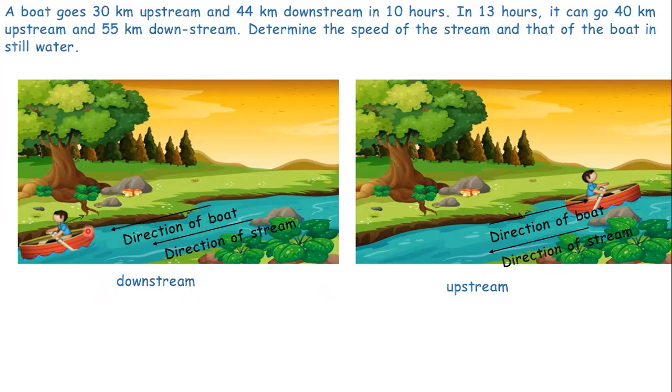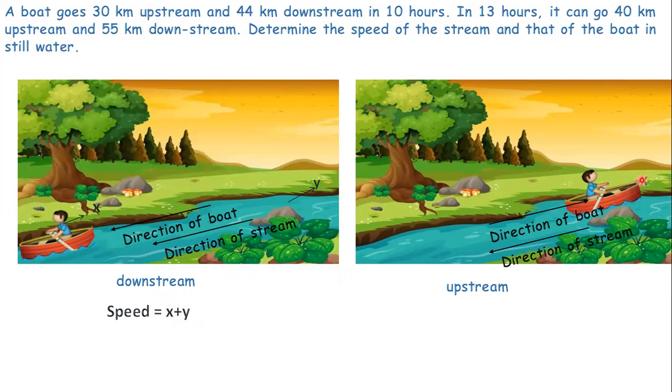So, let x be the speed of the boat and y be the speed of the stream. Now, what is the speed of the boat in downstream? We have to add the speed of boat and speed of the stream.